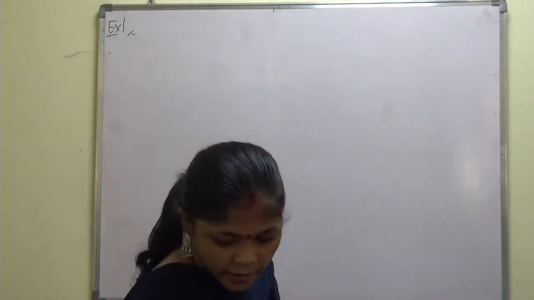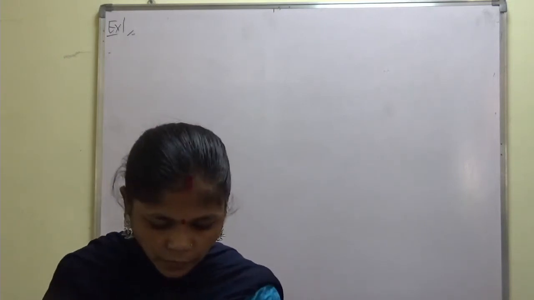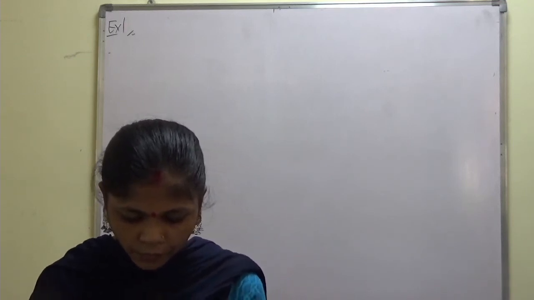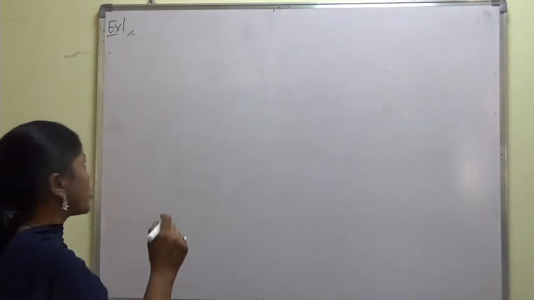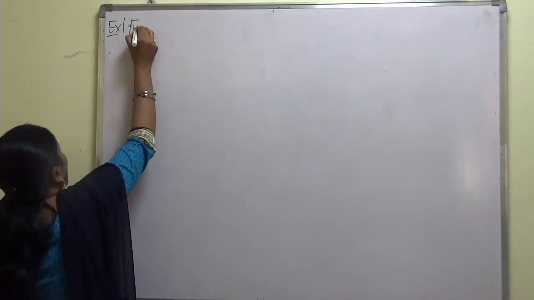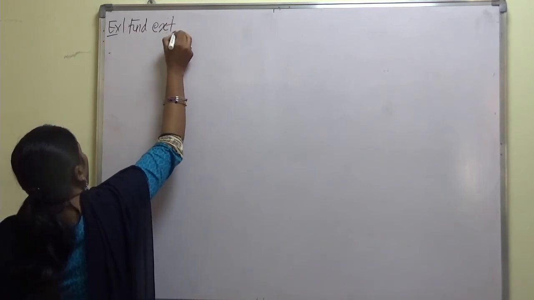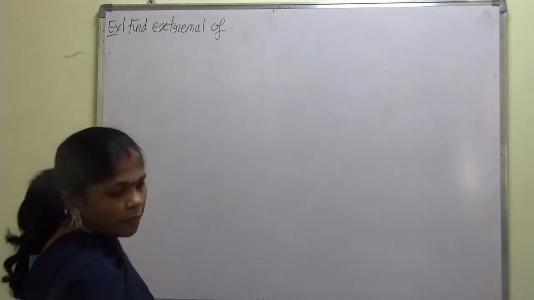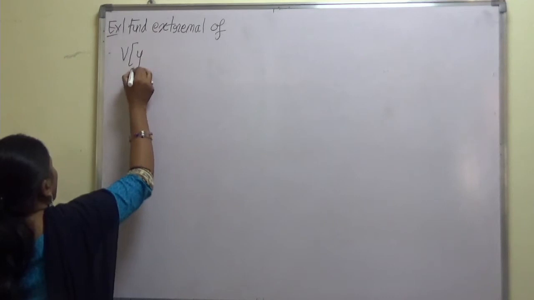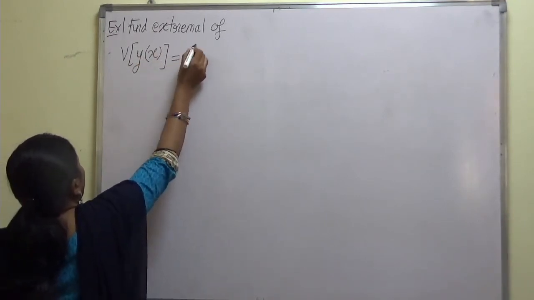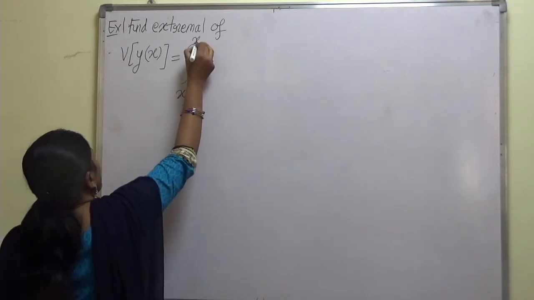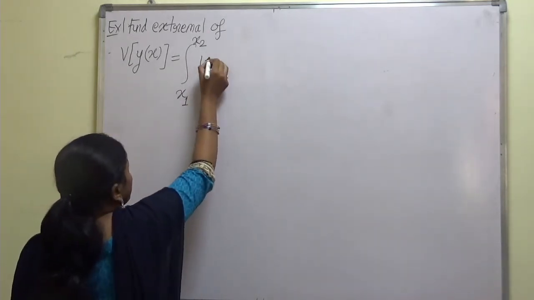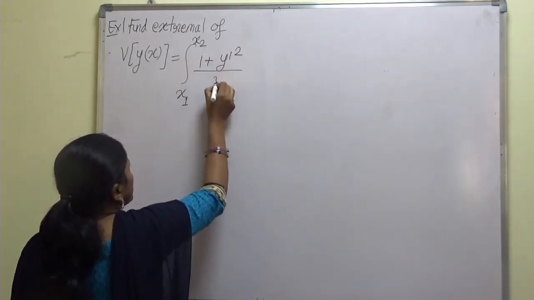Yes. So what is that? So it is find the extremal of v of y of x equal to integral from x1 to x2 of 1 plus y dash square upon y dash square.